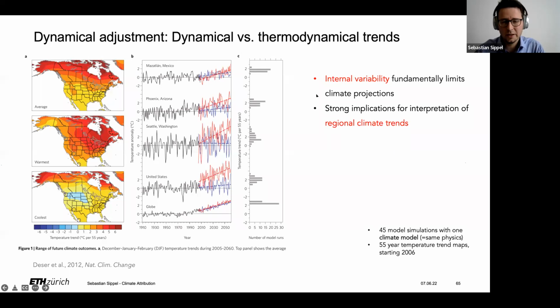So again, going back to the Claradesa, we have seen that regional climate trends really are affected a lot by internal variability, and that's all I wanted to say with that slide.